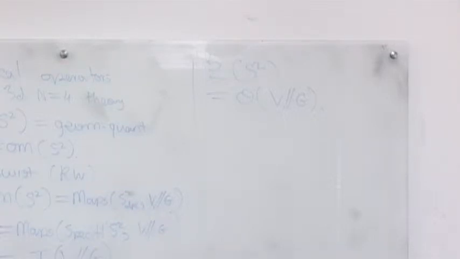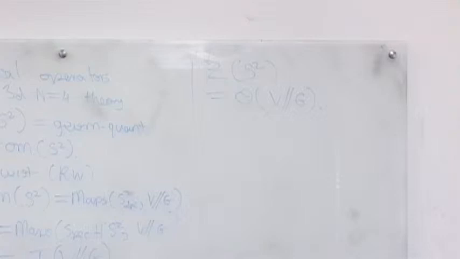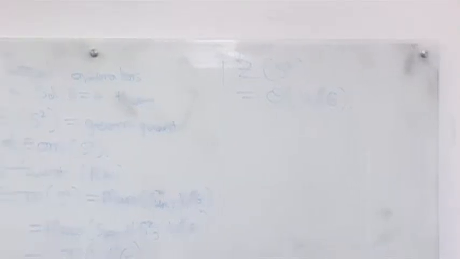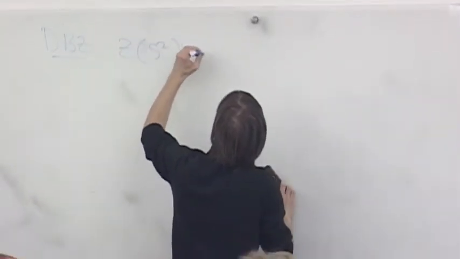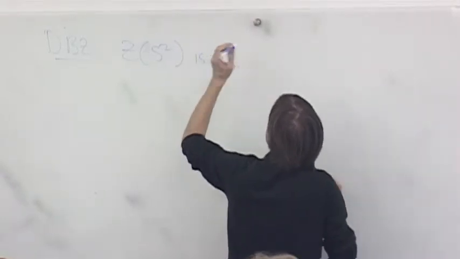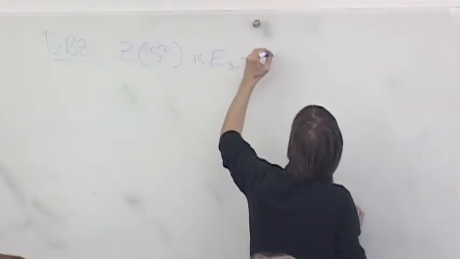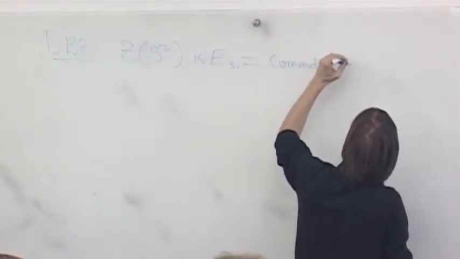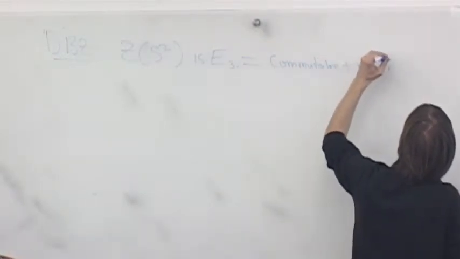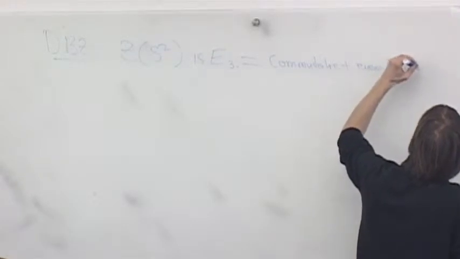And as David explained, this is an E3 algebra, which is more or less the same as commutative plus some kind of even Poisson structure.